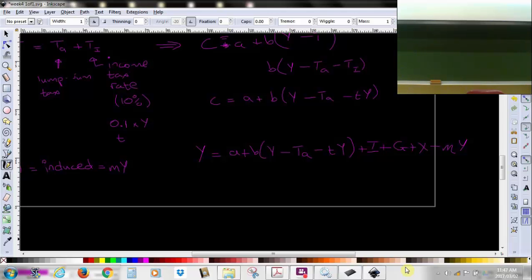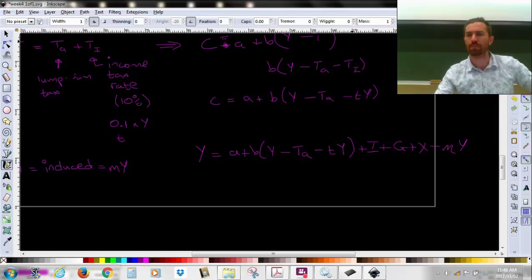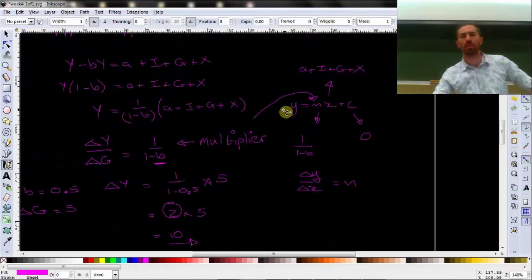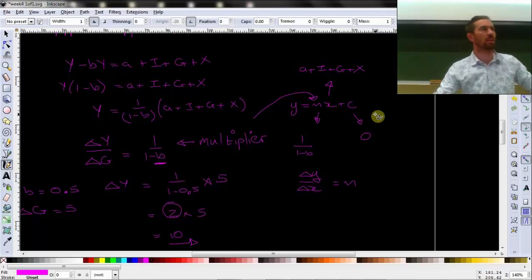Sorry, so a bunch of people are saying you don't know how to calculate the multiplier, right? What is the multiplier? Can I just recap? Y equals mx plus c, right? The multiplier is this thing here, m, in our straight line equation.